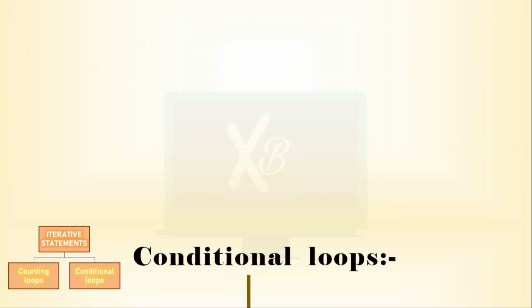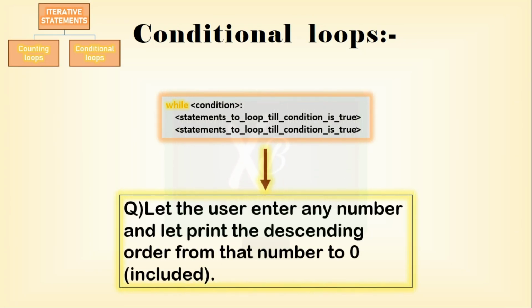Let's see another question. It says let the user enter any number and print the descending order from that number to 0, included. We are told to ask the user to input any one number, just once. Then we have to print the descending order from that number to 0.